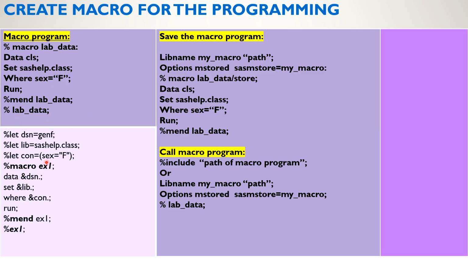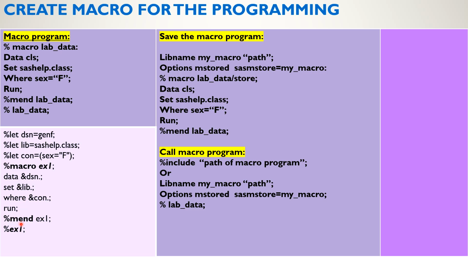Okay. Here also it is the same, percent macro ex1, but inside the program we have created some variables. Those variables were defined beforehand, then called inside the macro program. Then we can call the macro program.